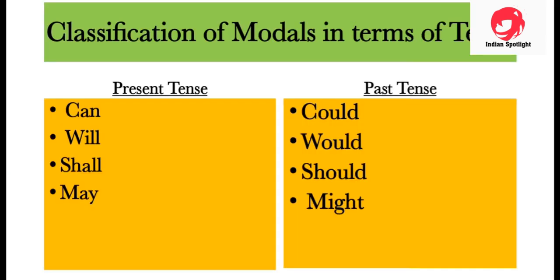If we classify the modals in terms of tense, it would be present tense and past tense. Can, will, may, shall are of present tense, while could, would, should, might belong to past tense.